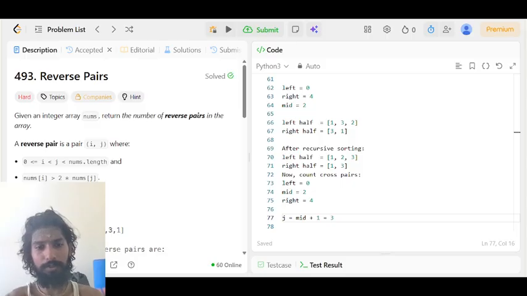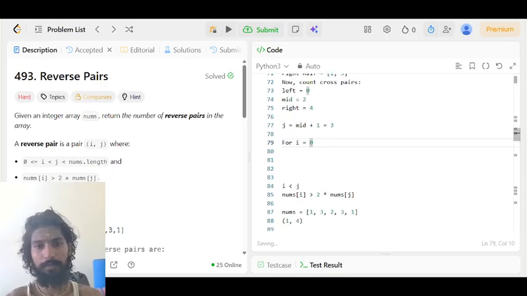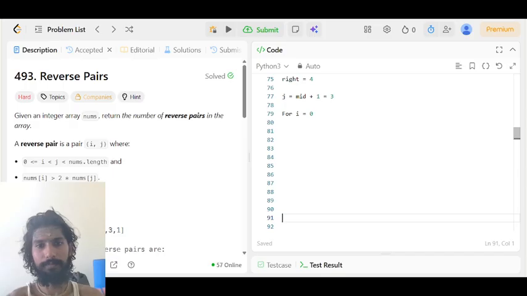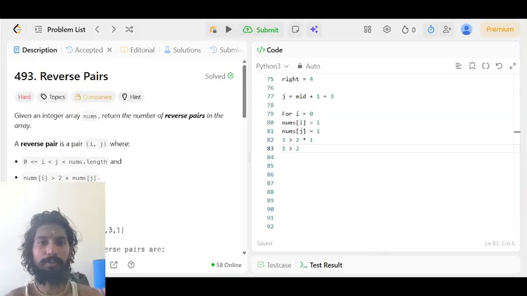For i equal to 0, we have nums i equal to 1 and nums j equal to 1. 1 is not greater than 2, so it is false.